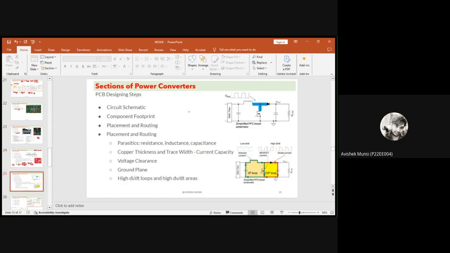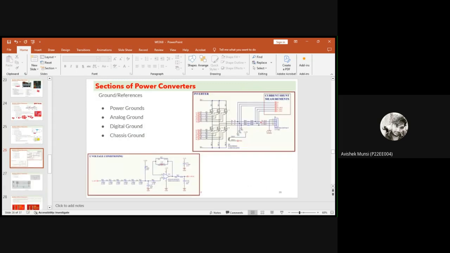The clearances are very important in the design, otherwise that will create some problem. And next is ground references. Your power ground should be separate from analog ground, digital ground, and chassis ground. All the grounds should be separated and not interfere with each other. In case of a power converter, if you're using a common ground, then you don't have to look into this, but you have to use a proper ground plane in your PCB.